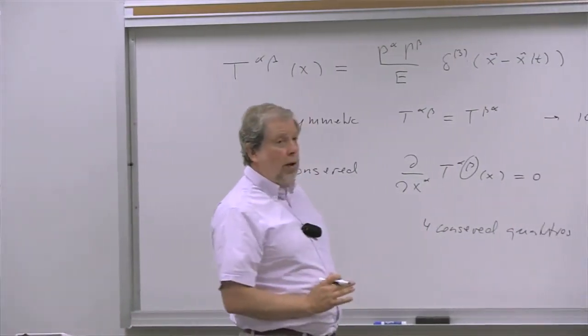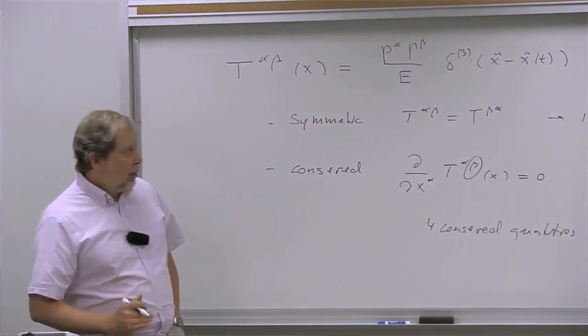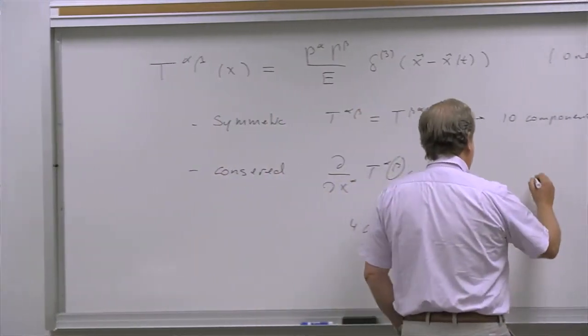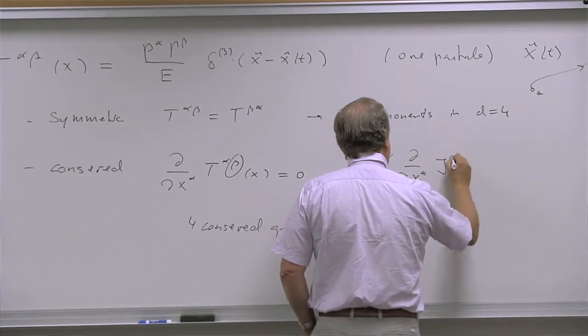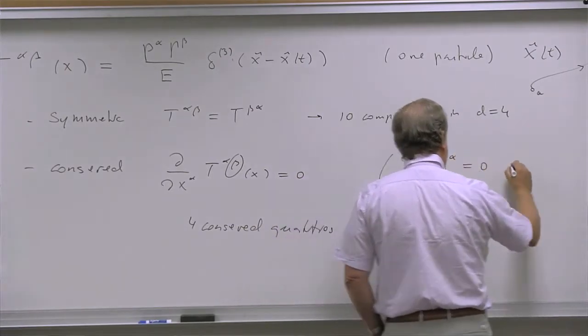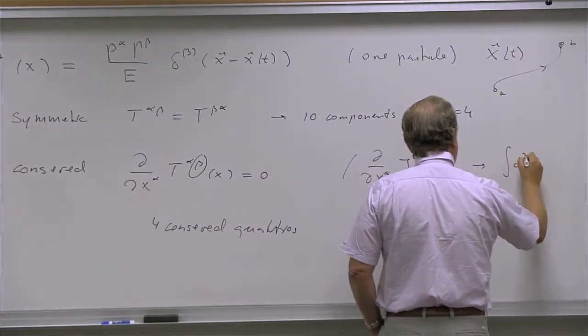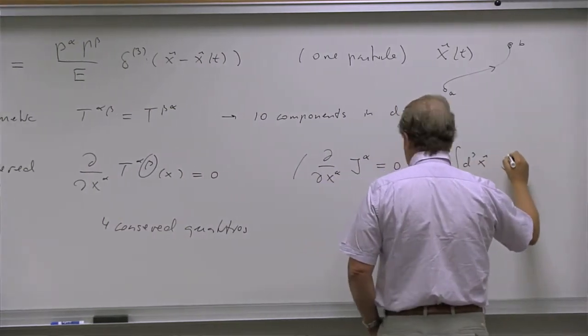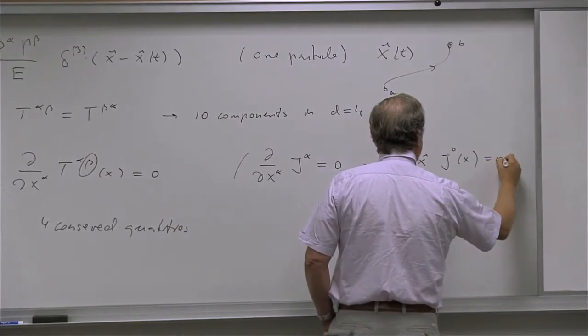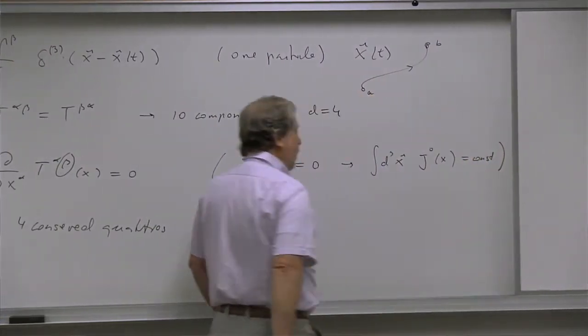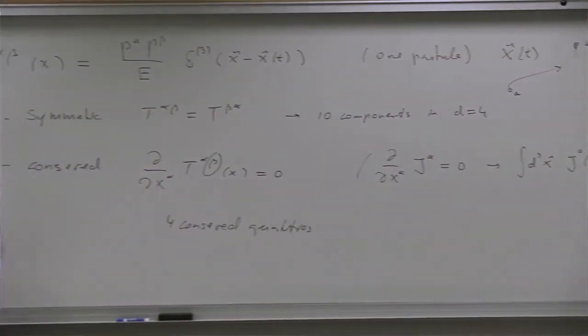So there's 4 conserved quantities, which contrasts with electromagnetism, by the way, because in electromagnetism you have d by dx alpha, J alpha is equal to 0, and then the conserved quantity is the J naught. So in electromagnetism, you only have 1 conserved quantity.